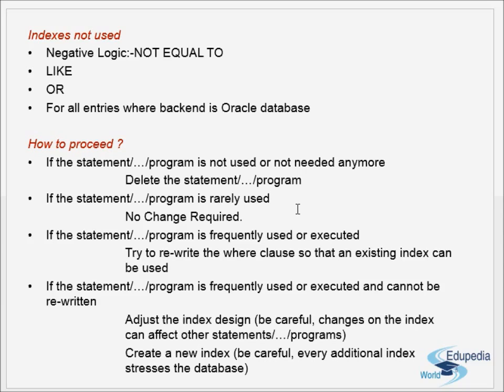Addition of new indexes also sometimes causes problems because the optimizer gets confused about which index to pick up, which will also impact the performance of the program. In very rare cases, if the index is not used, we can check it from monitoring usage at the database level, and in that case only we go and delete the index.